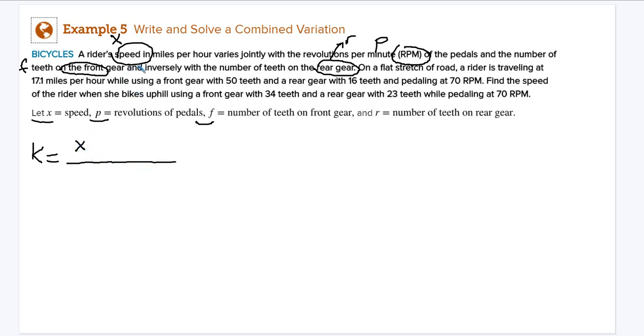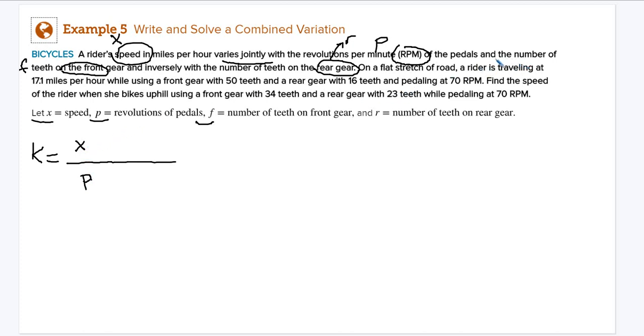X is the speed, varying jointly with revolution per minute. Jointly is just the same as directly. So X jointly or directly proportional with P, the revolution of pedals. So that P should be right here, because when it is directly, we put it down here like X over Y, X over P here.